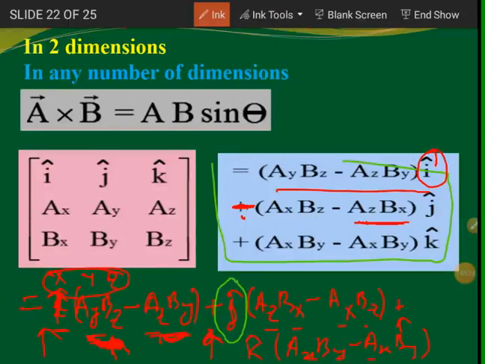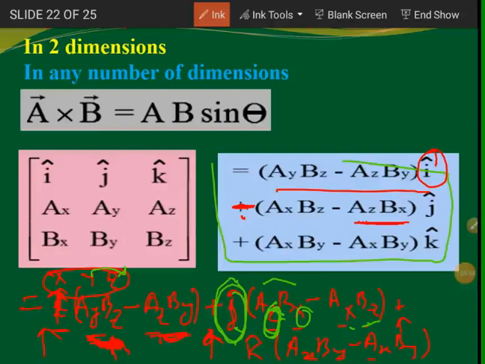For Y. Next will be Z, so AZ, next will be BX. So this is for Y, so it will be Z, X. And then you interchange this Z and X here.